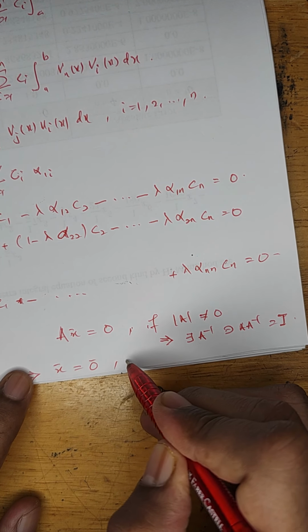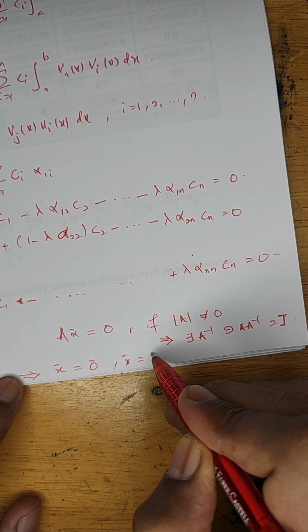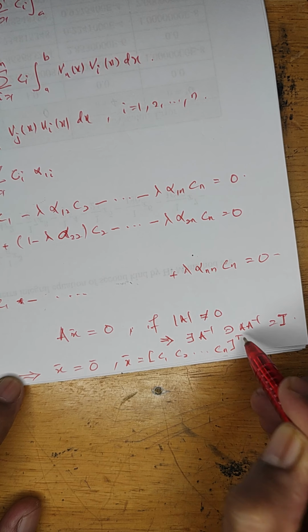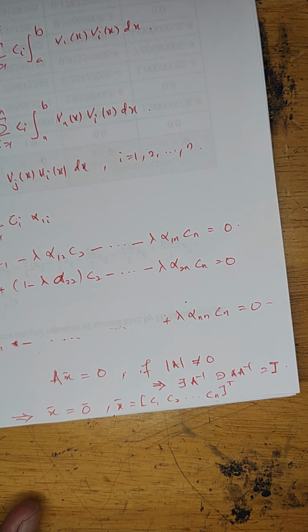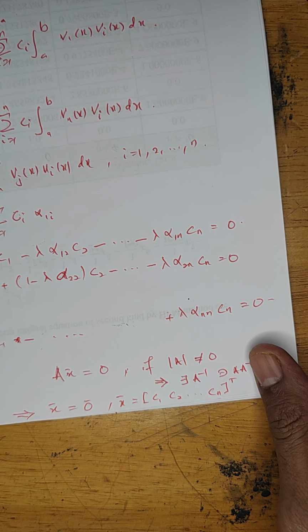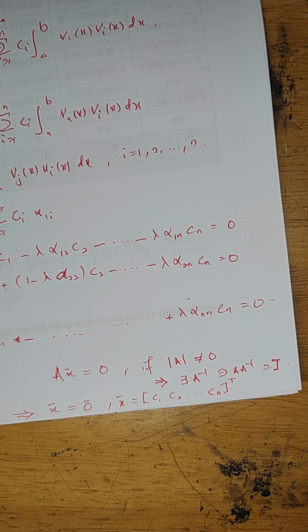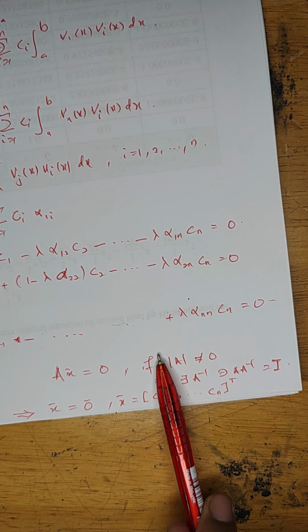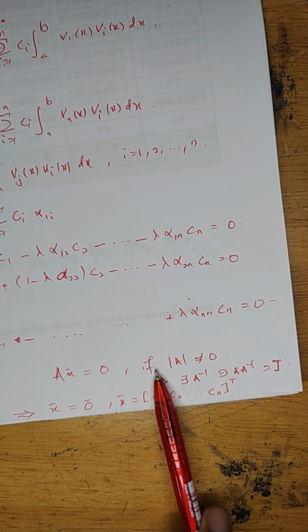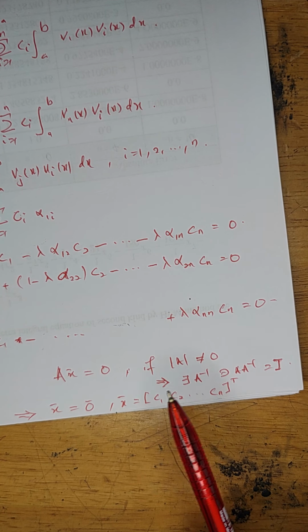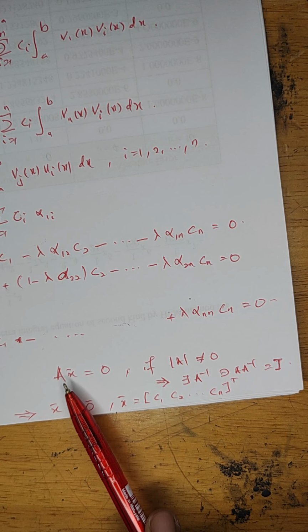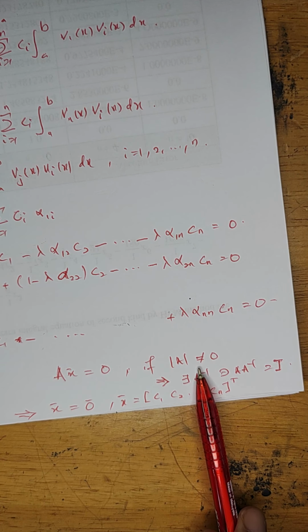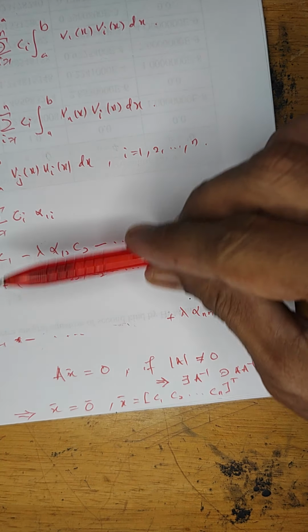So I can write x as C1, C2, Cn, transpose of those. Okay. So in order to have a non-trivial solution, we need to remember that if you want to find a non-trivial solution of the homogeneous system, the determinant of that matrix is 0.